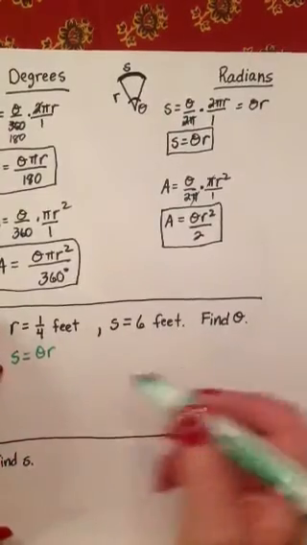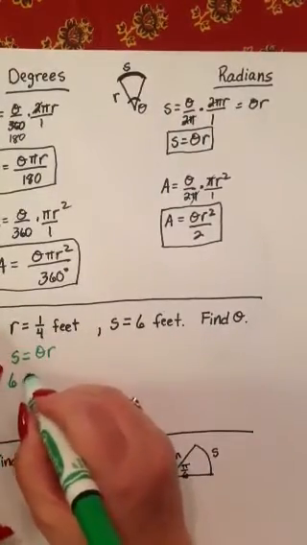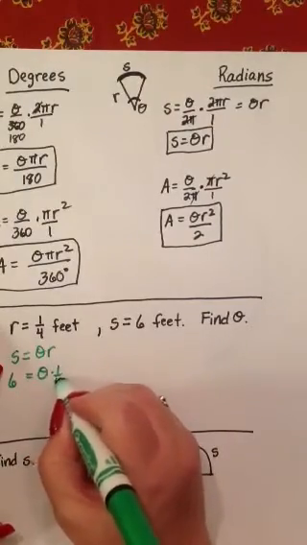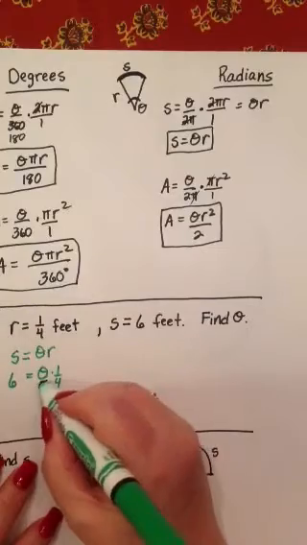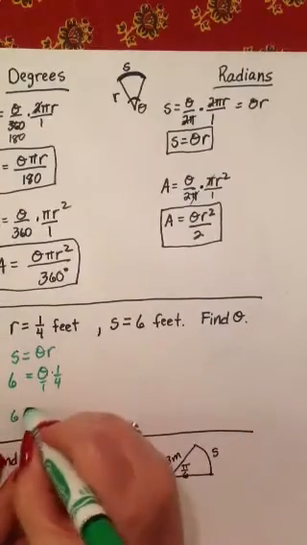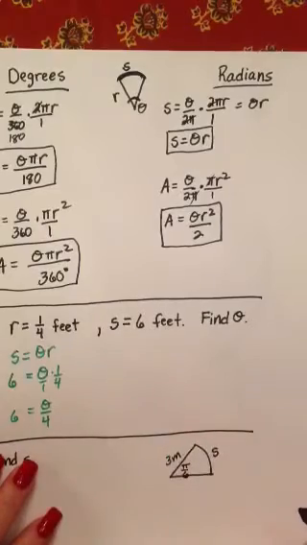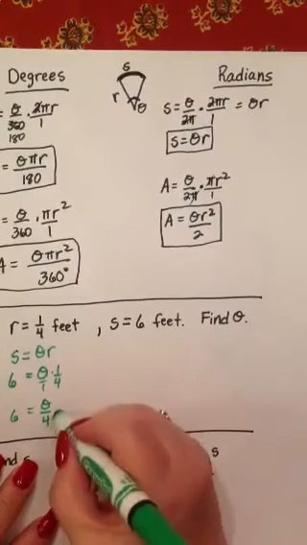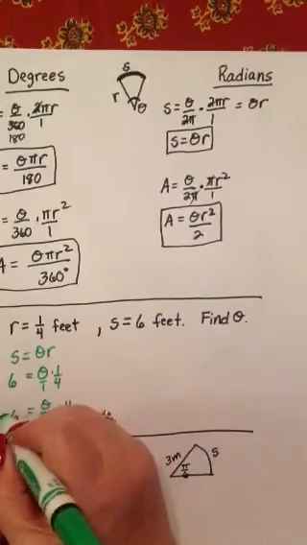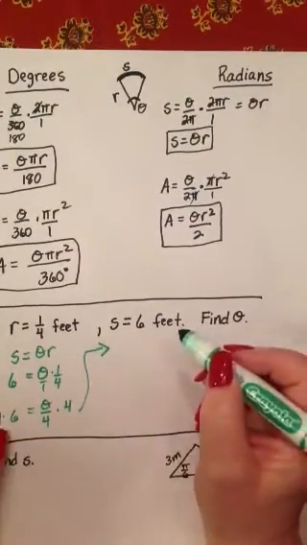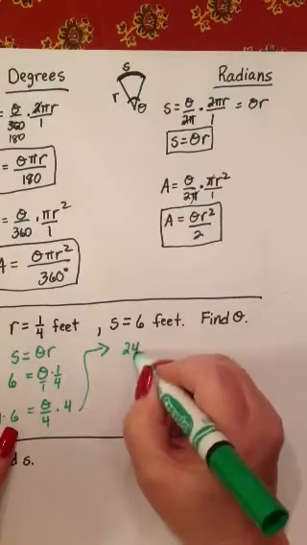So I know S is 6, and I don't know theta, but I know R is 1/4. So when you multiply these together, you just get 6 is equal to theta over 4. So if I was trying to solve for theta, I guess I would just multiply both sides by 4. So 4 times 6, 24.